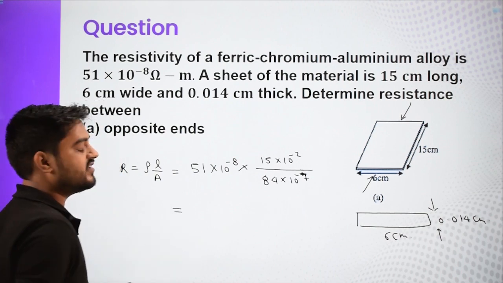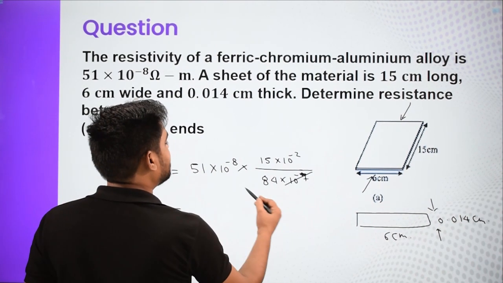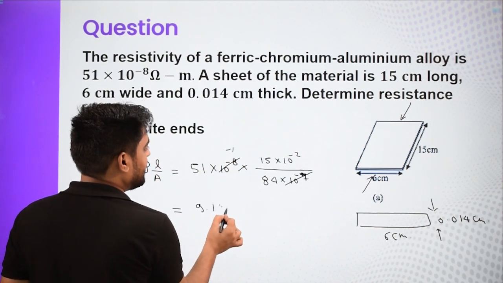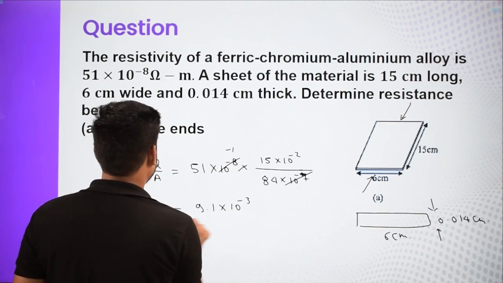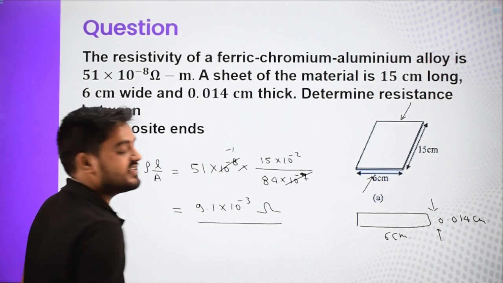So let us get the answer for this, and that comes to be 51 into 15 divided by 84, and that gives us 9.1. The 10 raised to powers, the 7 powers will be cancelled out, so we'll just have -1 over here. So 9.1 into 10 raised to power -3, and the resistance will be in ohm. So this is the resistance.